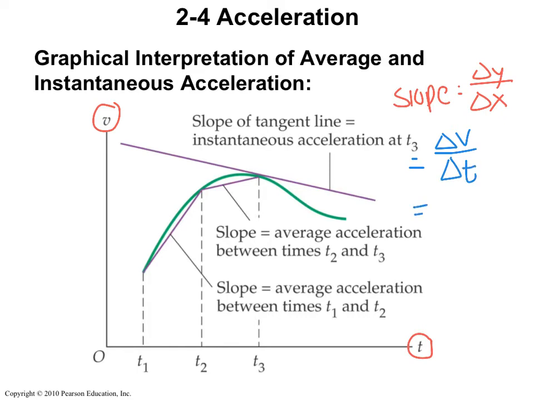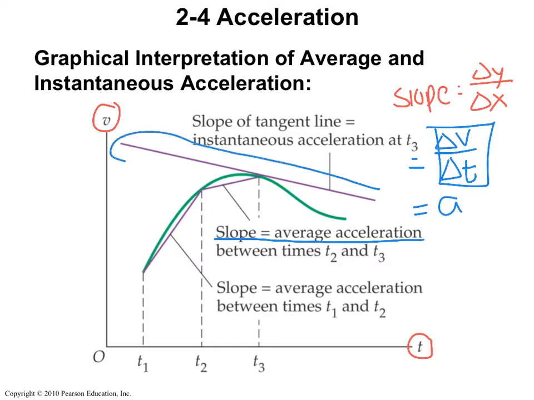That is my equation for acceleration, which I showed on a previous slide. So how am I going to figure out the instantaneous acceleration or the average? To figure out the average acceleration, I'm going to use the slope between two different times. That's the exact same thing as this equation right here. If I'm looking for the instantaneous acceleration, I'm going to be using my tangent line.